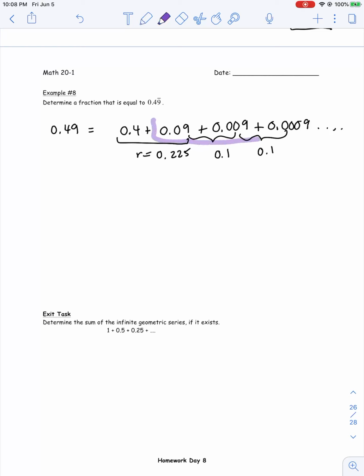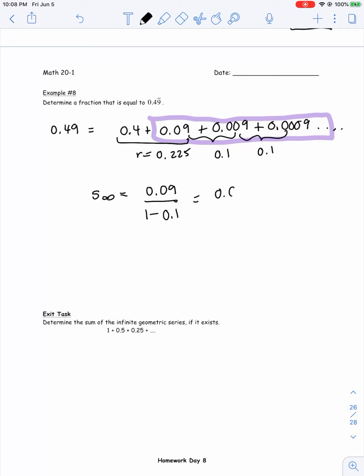So what we're going to do is only look at the sum of the infinite terms from this point of 0.09 and above. And so the 0.4 we're going to ignore for the time being. So for the sum of infinite terms, we're going to use 0.09 as t1 divided by 1 minus your r value, which is 0.1.